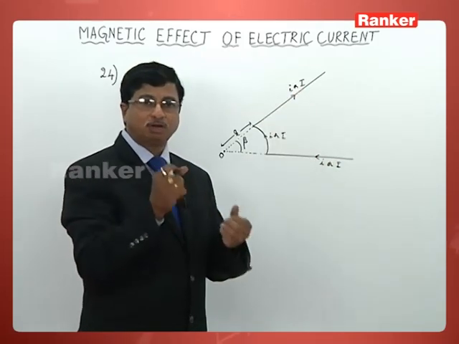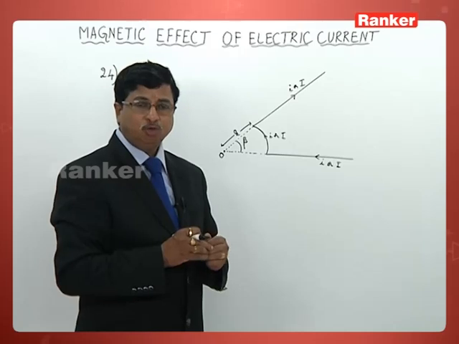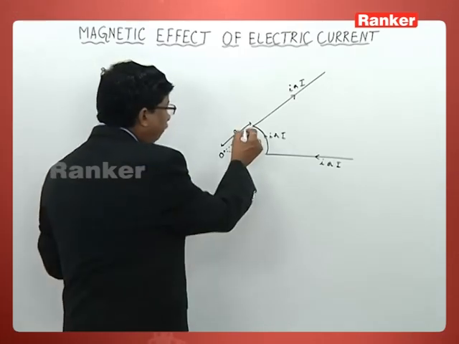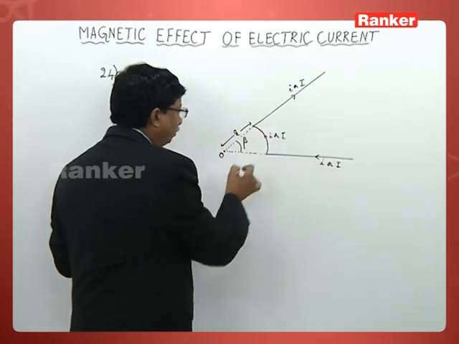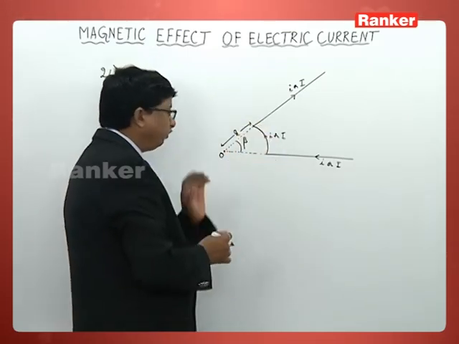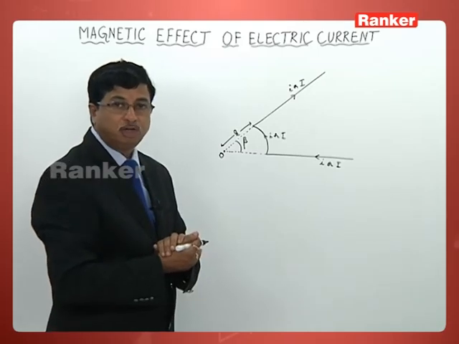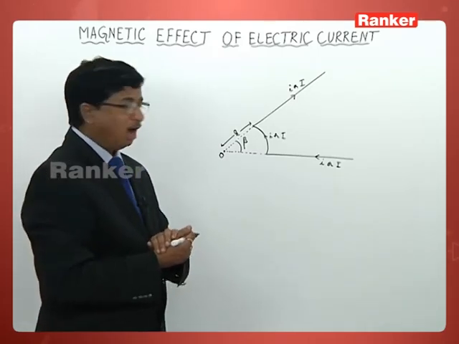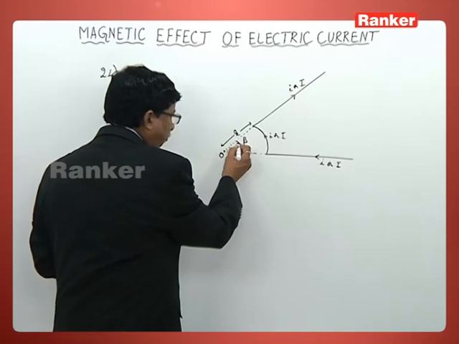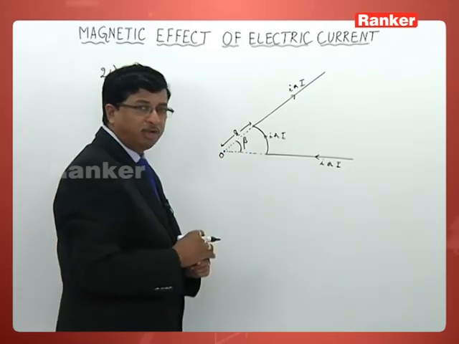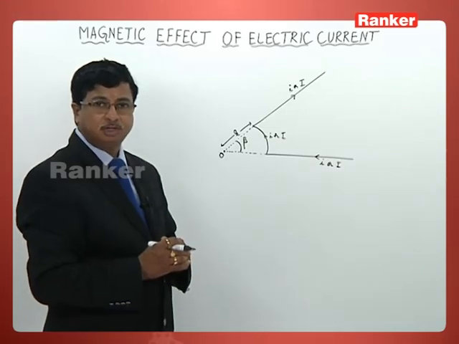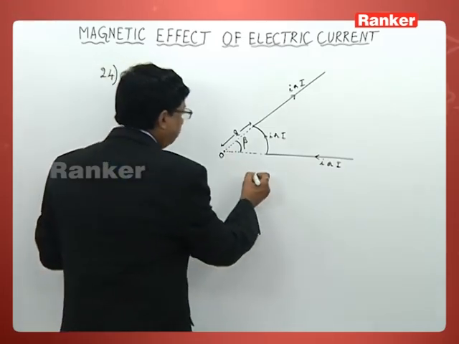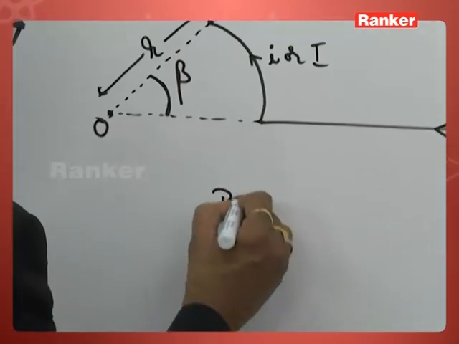But with respect to what do we have to calculate? With respect to this curved portion, we just have to think of what magnetic field is produced at the point O, and how much angle the curved part is making. It's very clearly mentioned in the problem that it is beta. Then what would be the magnetic induction at this point O?